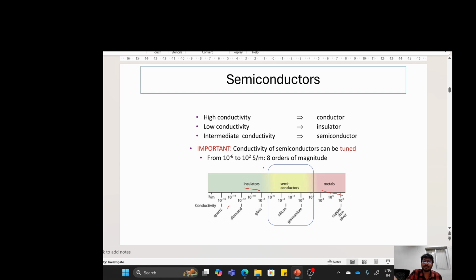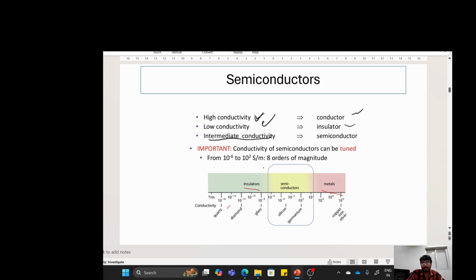And now the semiconductors. High conductivity are the conductors. The materials that we have are metals, semiconductors, and insulators. Metals have high conductivity because of the free electrons in them. Low conductivity are the insulators like wood, because there is no conduction between the conduction band and the valence band. The band gap is very high.